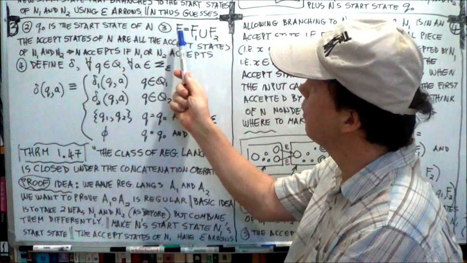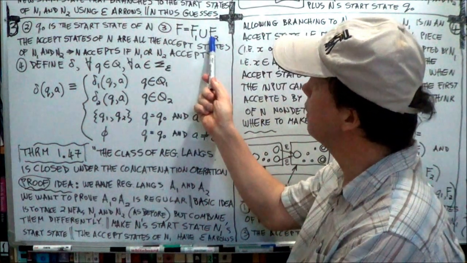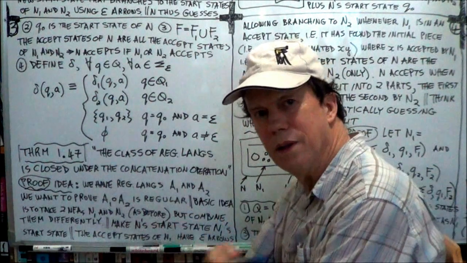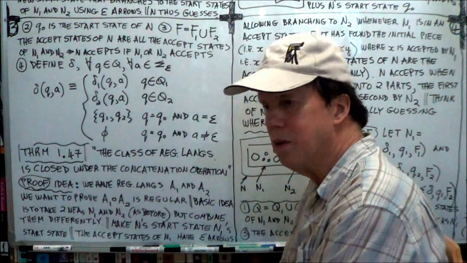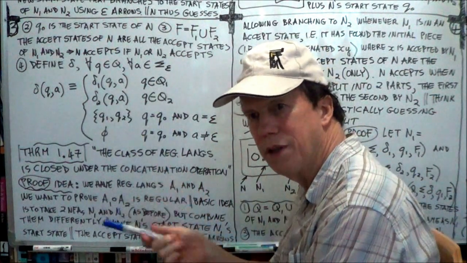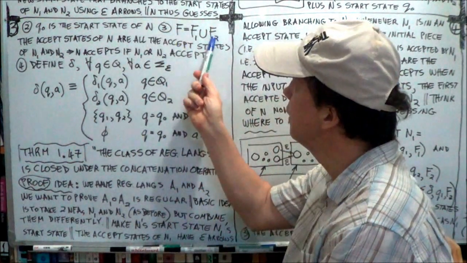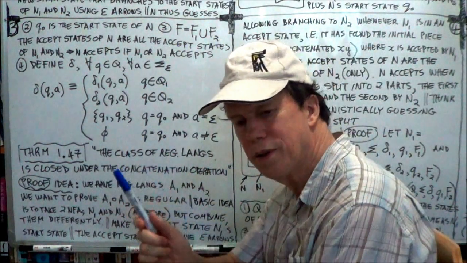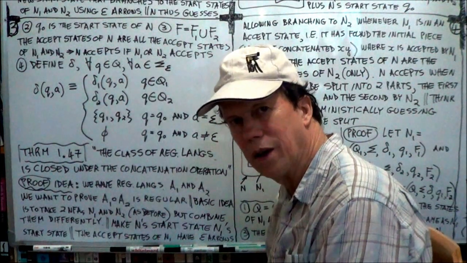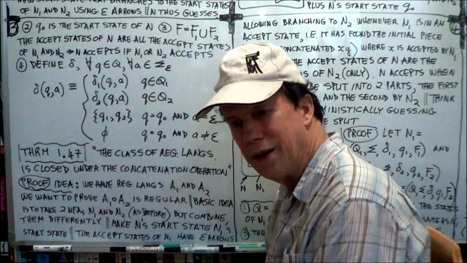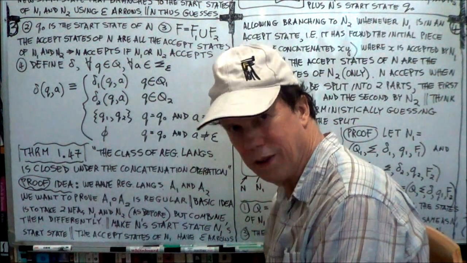So if one of the elements of F belongs to F2 and the last input symbol comes in, then your state is now belonging to F2. So F2 has accepted the string, and if F2 has accepted the string, then F has accepted the string.